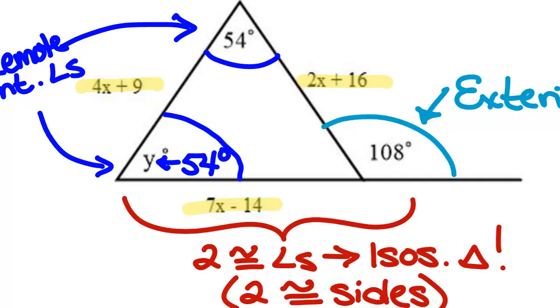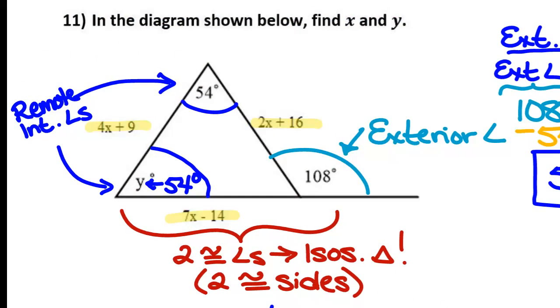It's not all three of them. There's only two sides that are congruent, and I have to figure out which two it is, because if I don't set the right two equal, I'm not going to get the right answer for x. I know which angles are congruent. That's this angle up here and this angle down here.